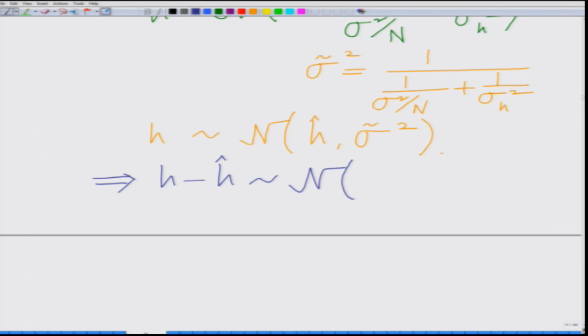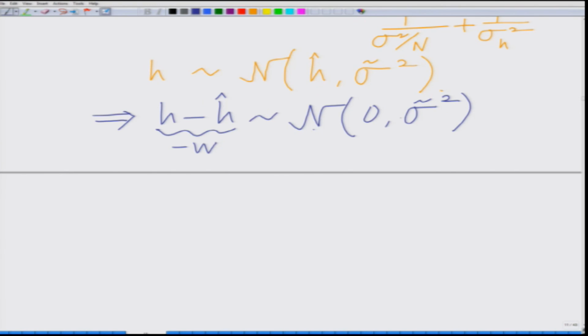So this is distributed as a Gaussian with mean 0, variance sigma tilde square. From a Gaussian, if you subtract the mean, it still remains a Gaussian, but it is a 0 mean Gaussian with the same variance. This H minus H hat, according to our definition, is minus W. So minus W is Gaussian with mean 0, variance sigma tilde square.